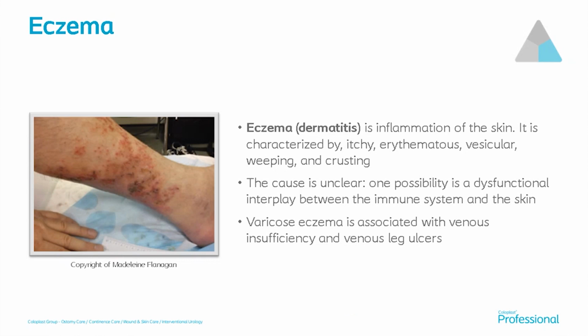Eczema, the inflammation of the skin. Again, it can be itchy. The cause is sometimes unclear. And actually what we need to do is try to manage the eczema for the patient and calm that inflammatory response to be able to help with wound healing and creating, again, that optimum healing environment.